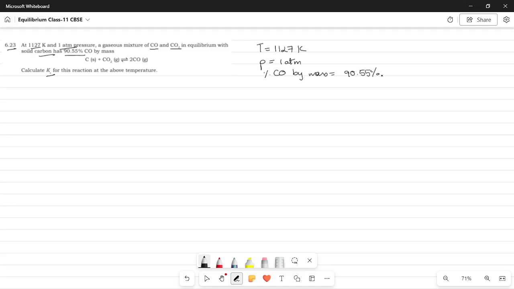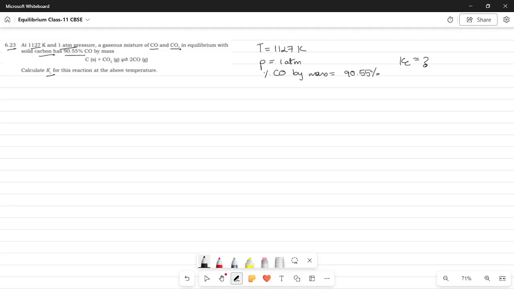So we need to find the value of Kc. Now, as we know, we've been given everything that can get us to the value of Kp. So what we are going to do is try and calculate the value of Kp for this particular equation and use the formula to convert Kp to Kc. So that's how we'll be doing this particular problem.